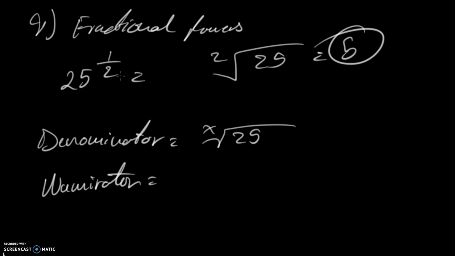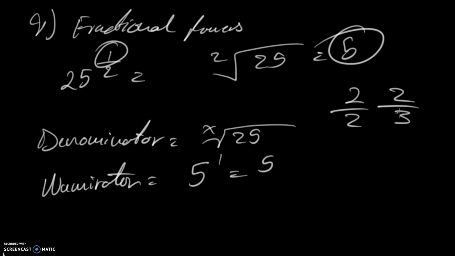So now we've square rooted it, we've got 5, but the numerator means you power it with the numerator's value. Because we have 1 as the numerator, this would be 5 to the power of 1, and we'd get 5. If it was 2 over 2, you just square root it and then square it again. Let's say it was 2 over 3, you'd cube root it and then you'd square the answer you get after you've cube rooted it.